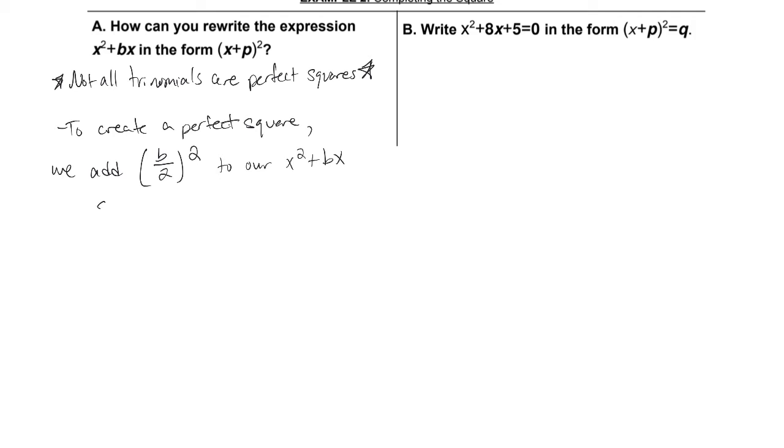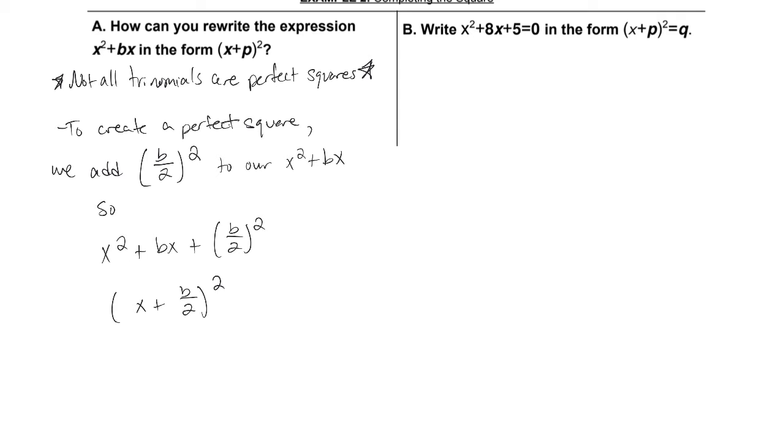This gives us x squared plus bx plus b over 2 squared. And then that allows us to get a perfect square and rewrite it as x plus b over 2 squared.